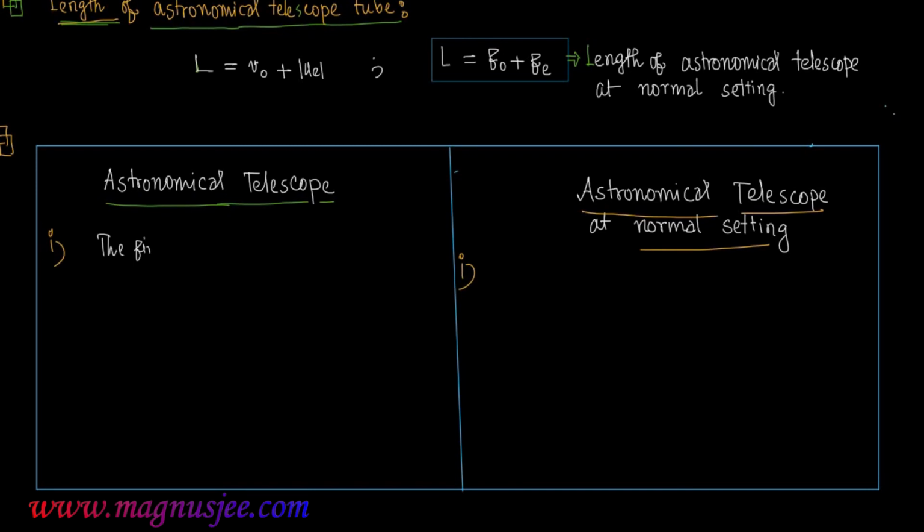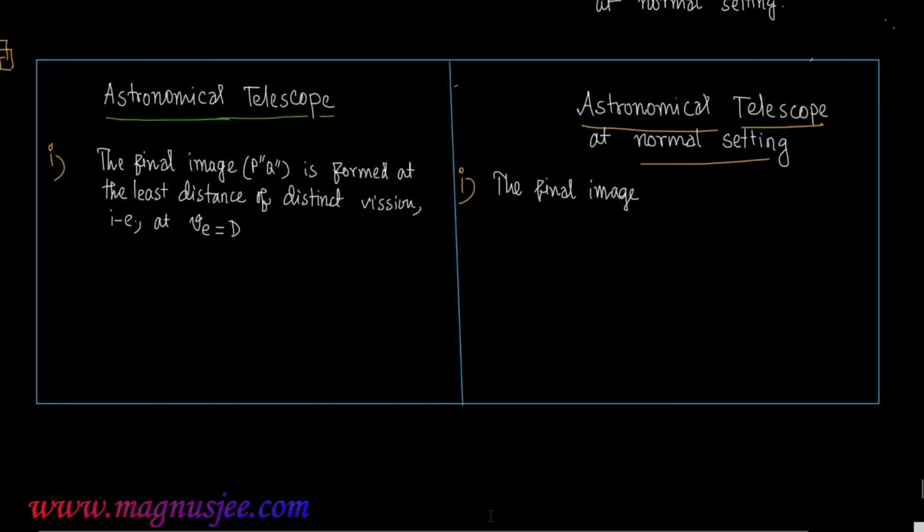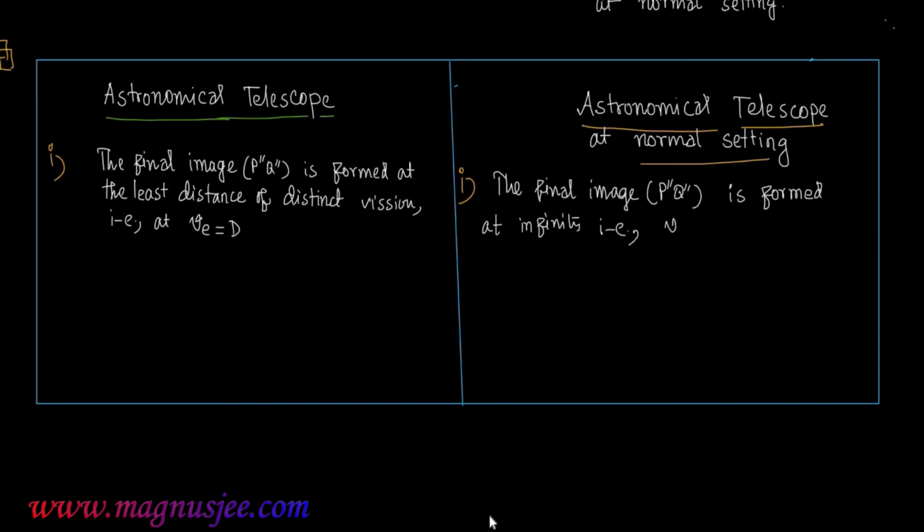On the left hand side, the final image P double prime Q double prime is formed at the least distance of distinct vision, that is at the distance VE equal D from the eyepiece. On the right hand side, the final image P double prime Q double prime is formed at infinity, that is at the distance VE equal infinity.